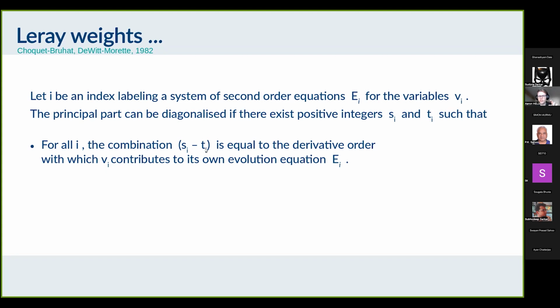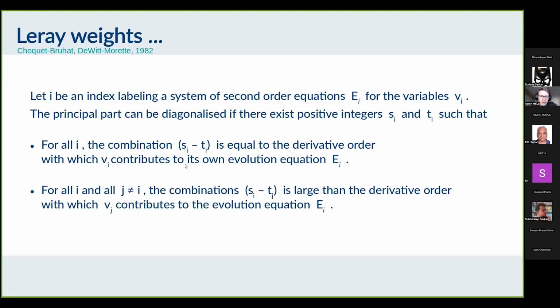And if you then look at cross terms between the different variables, so for j different from i, then they should always be of lower order than the ones which were not cross terms. That's the formal definition. And I appreciate that it's much easier to go through an example.